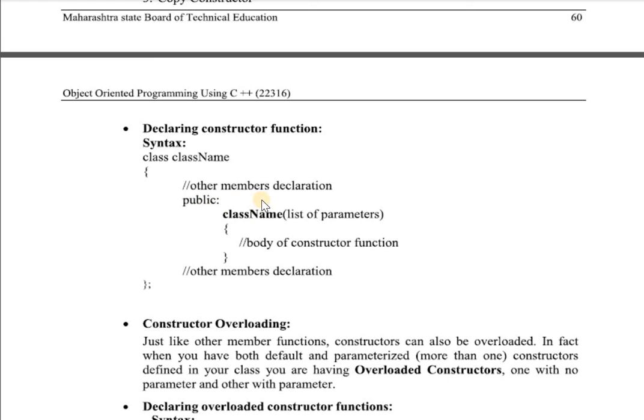Then, if parameters are required for that constructor, pass the list of parameters here. Then in the function body, we write the body of the constructor function, and other member declarations are done here. Okay, this is the general syntax for declaring a constructor.